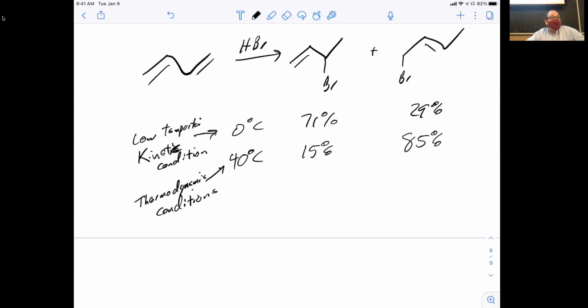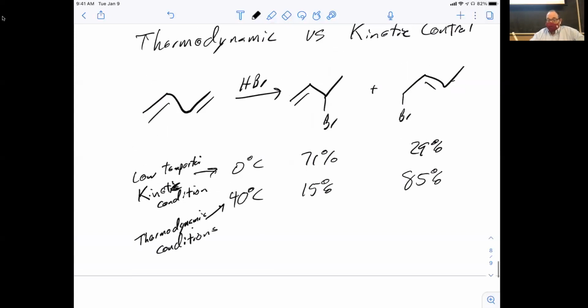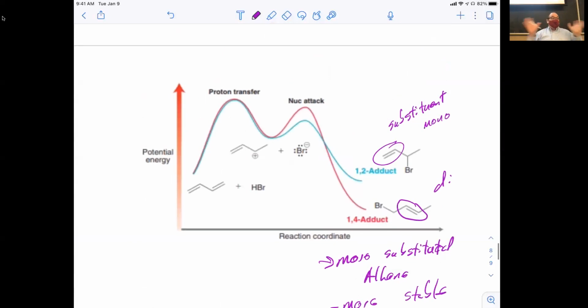And we see here, as we raise our temperature, we can see that this is the most stable alkene. So if I give the system enough energy, it's going to go back and forth and back and forth.